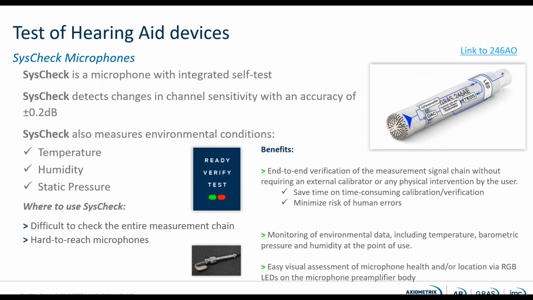There's a green LED if everything is okay, and there's a red LED if something is wrong, so an operator can be called. With SysCheck, you will save time in your production. You will save time for disassembling and assembling and calibration. So it's easy, and you will also minimize the risk of human errors.